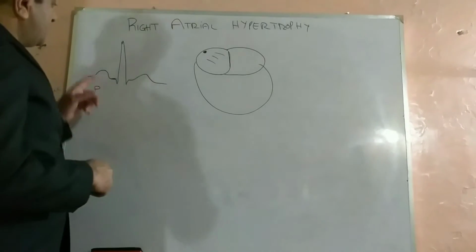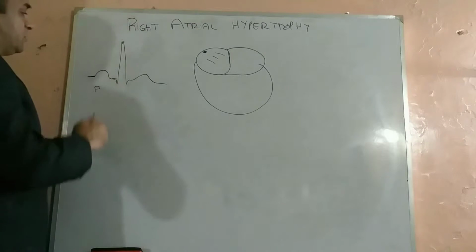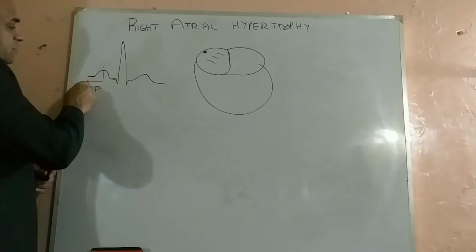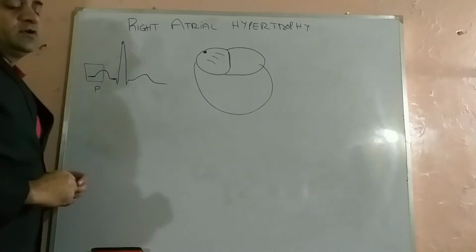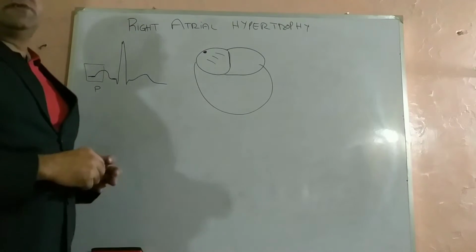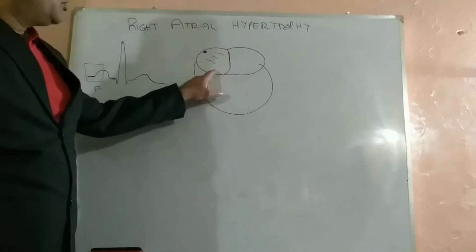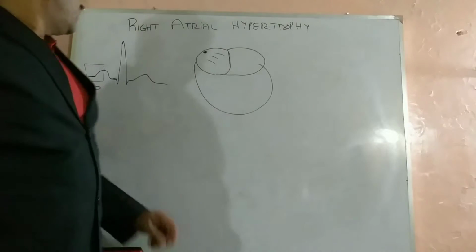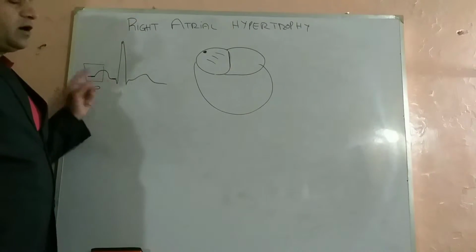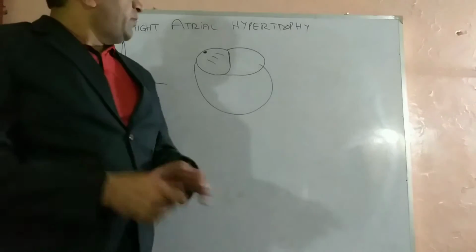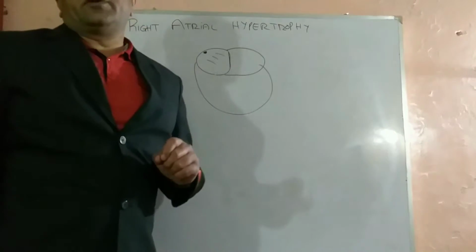So this P wave has two portions. The first half is generated by depolarization of the right atrium, and the second half is generated by depolarization of the left atrium.